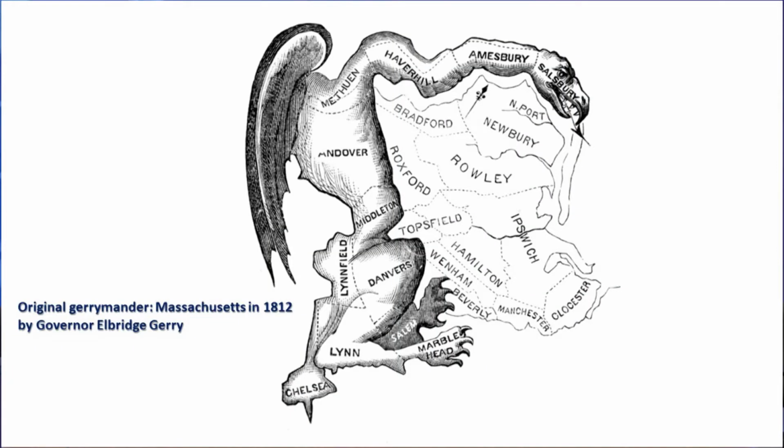Thank you. And if we can start with a little general background. On the screen here, we see the original gerrymander, which was drawn here in Massachusetts, and it's a part of Massachusetts. We just want to show the audience that it was named for the then governor, Gerry, G-E-R-R-Y, and later was mispronounced.